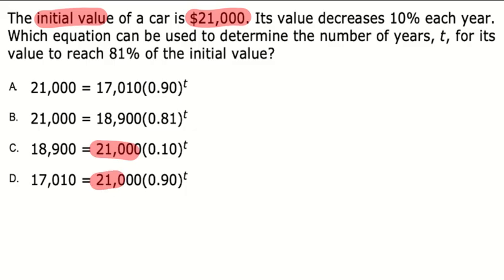So initial value in front of the parentheses has to be one of those two. All right, what's our rate? We got an increase or a decrease? Let's start with that. Decrease. Decrease of what? Decrease of 10%. So we're decreasing by 10%.